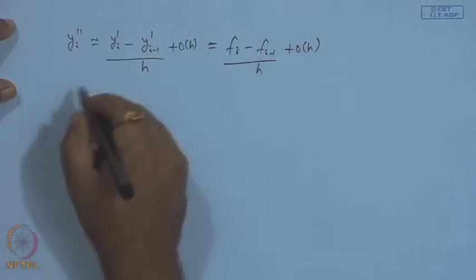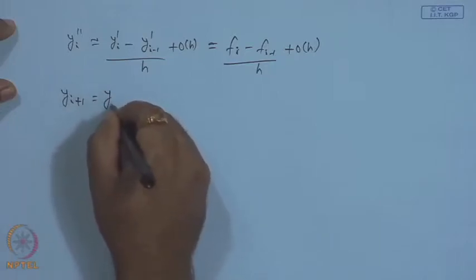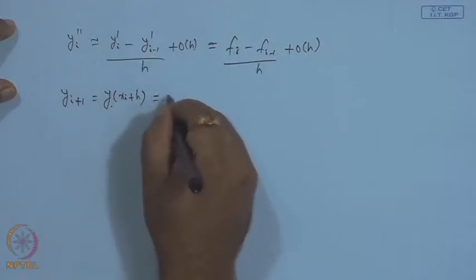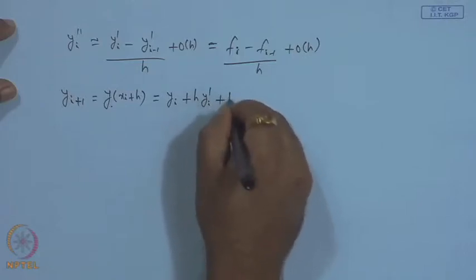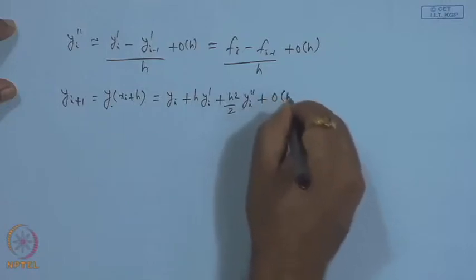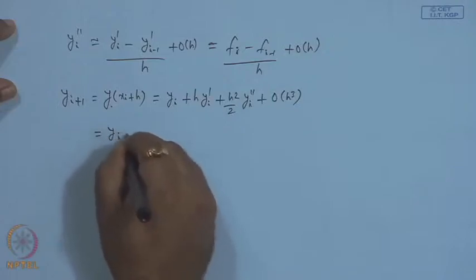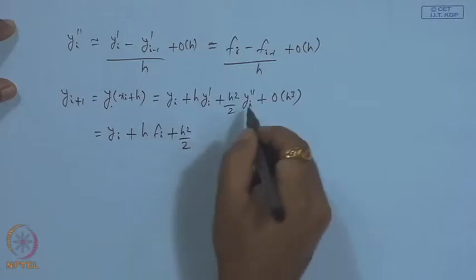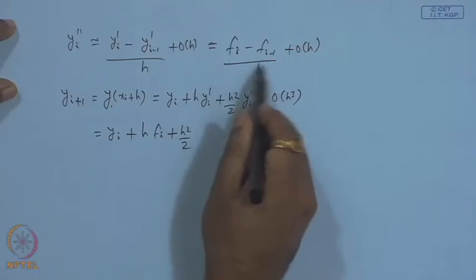Then y i plus 1 is, by Taylor series, so y i double prime, can we approximate this using past points? So, here is the answer.